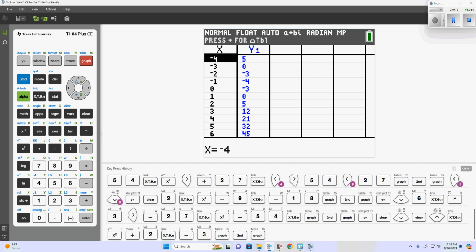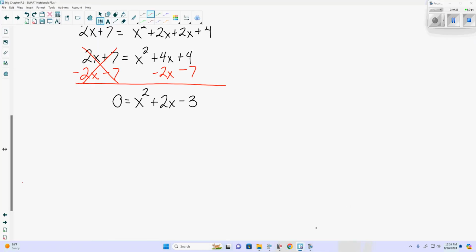So negative 3 and 1. And that's it. Questions on this here?